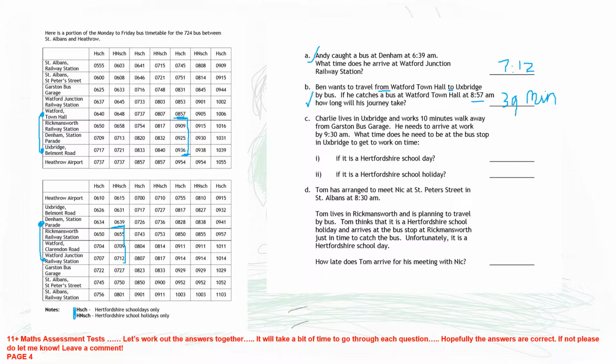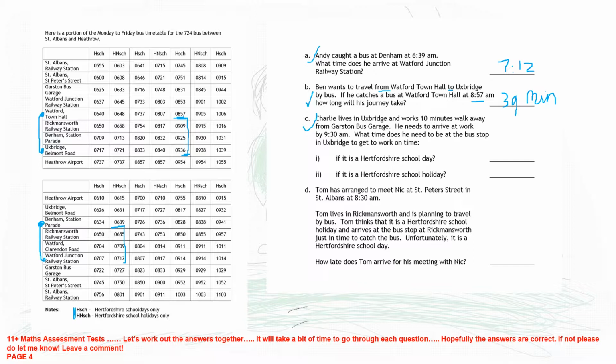The next question is, okay, Charlie lives in Uxbridge and works 10 minutes away from Garston Bus Garage. He needs to arrive at work by 9:30 a.m. What time does he need to be at the bus stop in Uxbridge to get to work on time if it's a Hertfordshire school day, if it's Hertfordshire school holiday?